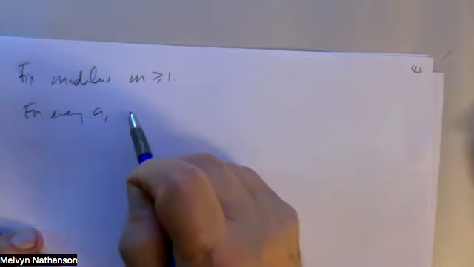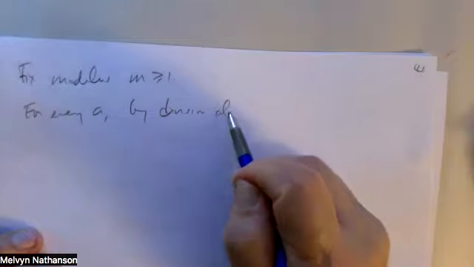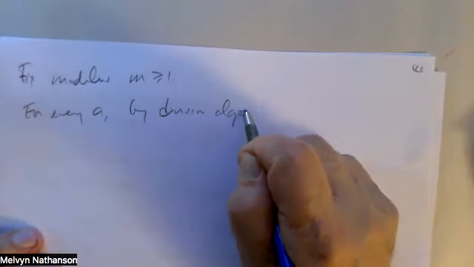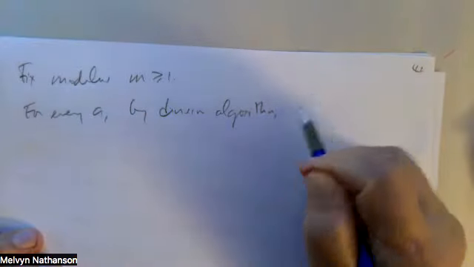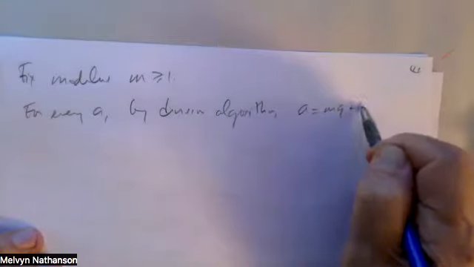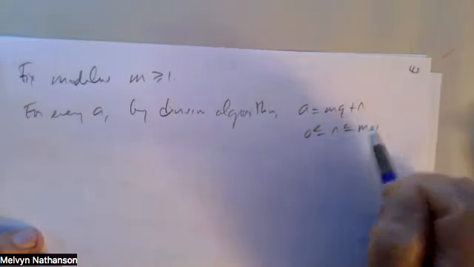For every integer A, by the division algorithm, if you divide A by M, A is MQ plus R, where the remainder R is between 0 and M minus 1.